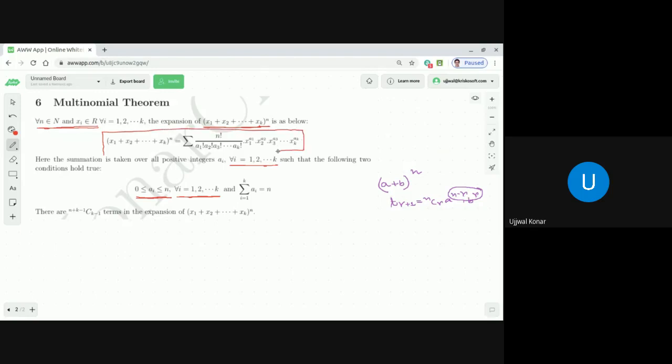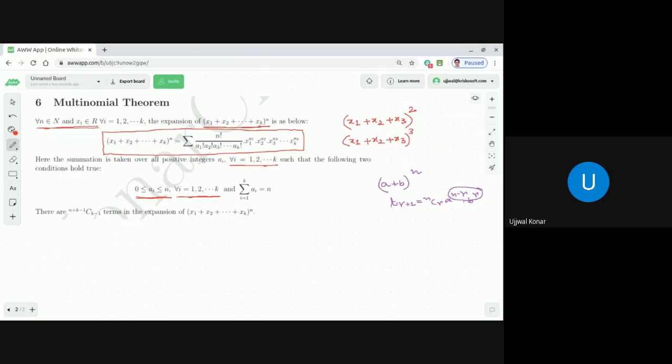You can take (x1 + x2 + x3)^2 and go with this summation, and (x1 + x2 + x3)^3 and go with this summation. Then you will understand why this formula is so. Just for checking, because just informing you of this formula may not make your idea very clear.